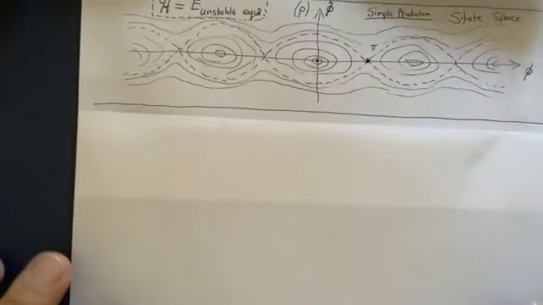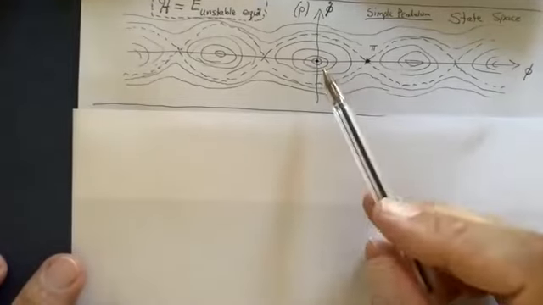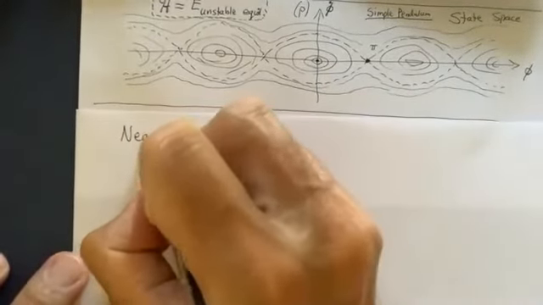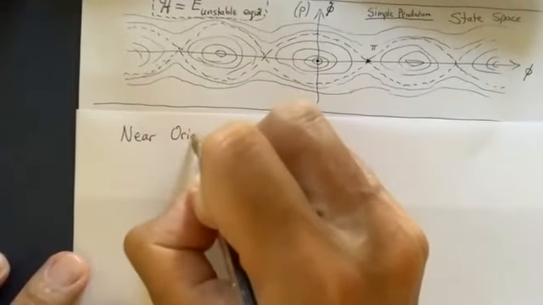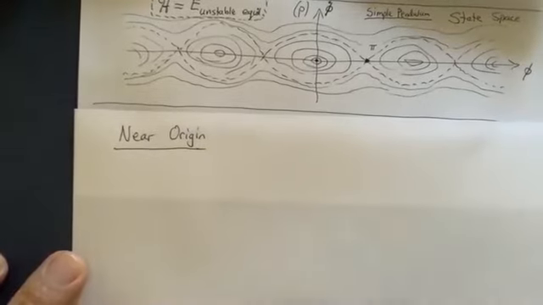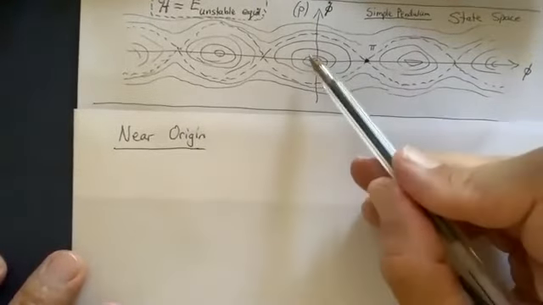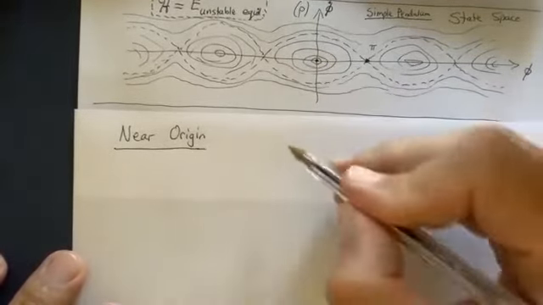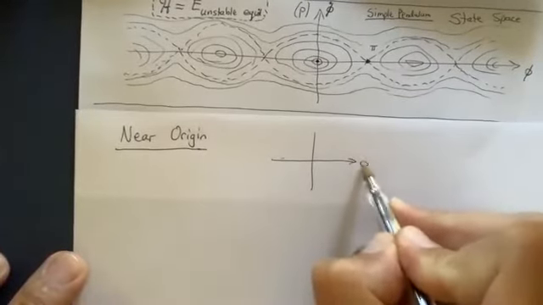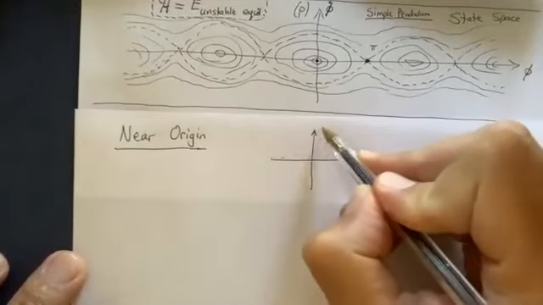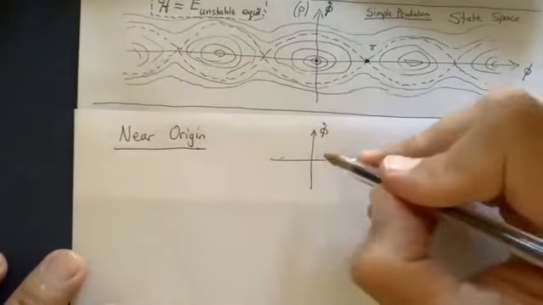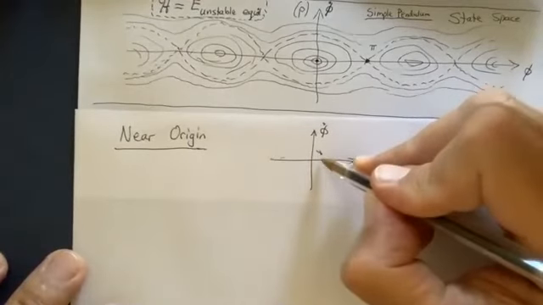We're going to investigate the vector field near the origin. So near the origin, we're going to look at this portion of the picture. Here's our picture. Okay, the vector field swirls around like this.